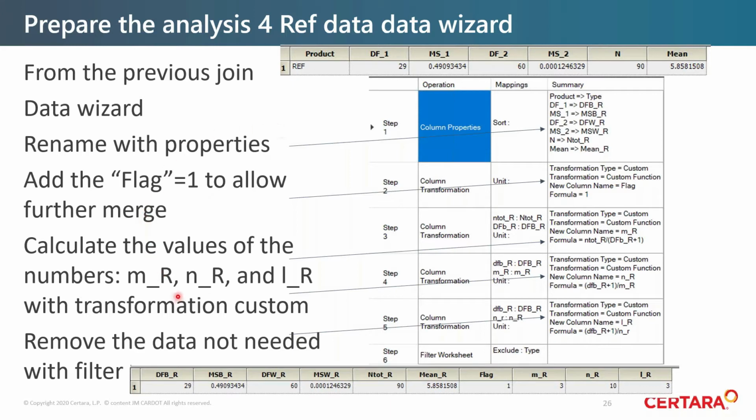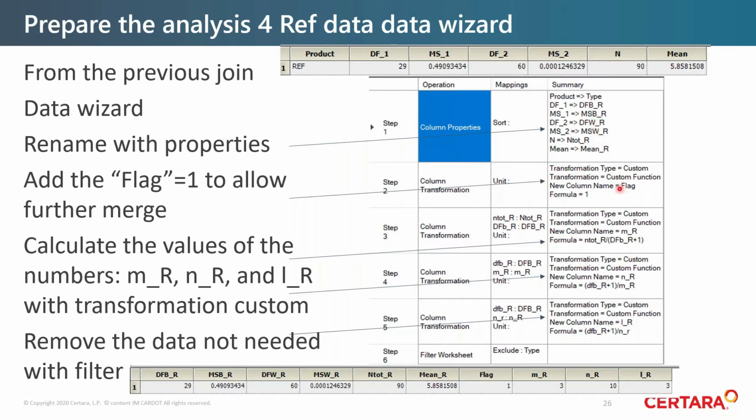So that means you are going to rename some of them and to make extra calculations. As you are going to have a template, I'm not going to go in detail in the calculations, but only to show you, you have the rename which is here. DF1 is going to be DFB, that means degree of freedom of B. MS1 is going to become MSB, and so on.